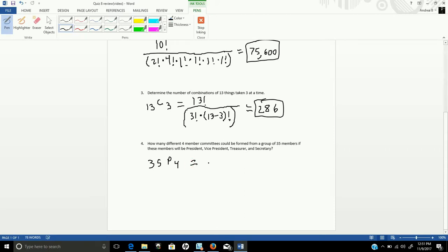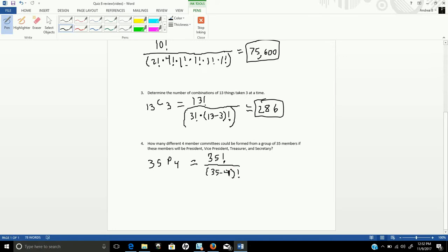So for your formula here for permutation, you would have that first number, the 35 factorial. And then in the denominator, we just have the 35 minus 4 factorial apart. So remember, for the combinations, you also would have times 4 factorial in the denominator. You don't have that extra times 4 factorial in the denominator whenever you're dealing with permutation.